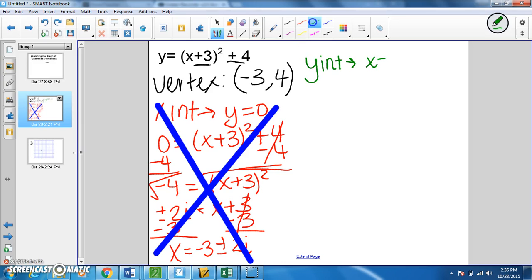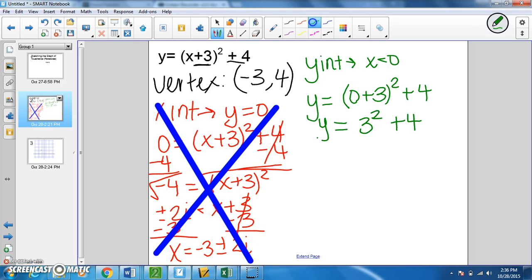is when x is equal to 0. So we solve for y when x is 0. We need to use PEMDAS here, so we're going to use our order of operations. Inside the parentheses, 0 plus 3 is 3. So we have 3 squared plus 4 is equal to y.